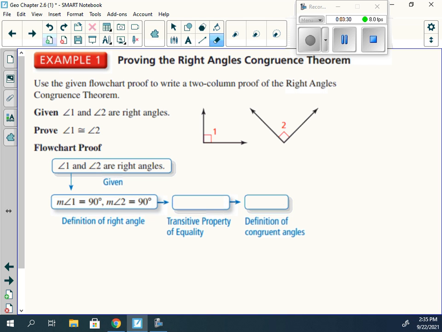Now, where are we wanting to go? We want to say that angle 1 is congruent to angle 2, yes? So far we've said they're right angles, and the measure of angle 1 is equal to 90, and the measure of angle 2 is equal to 90. So what can we say next?